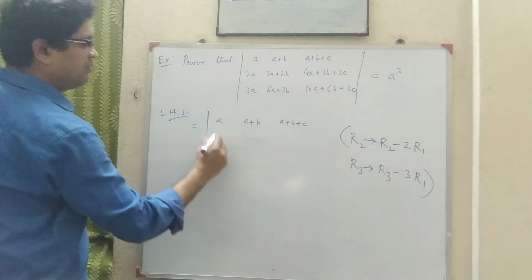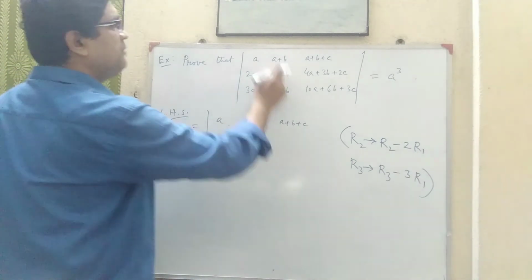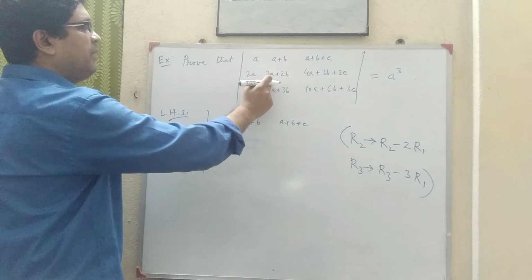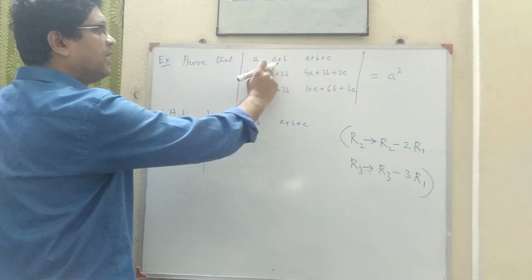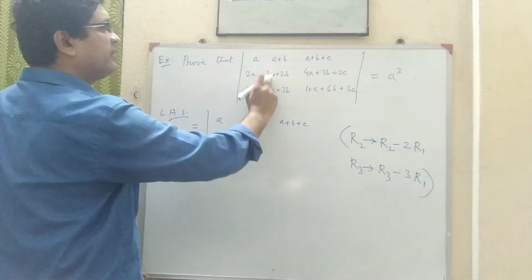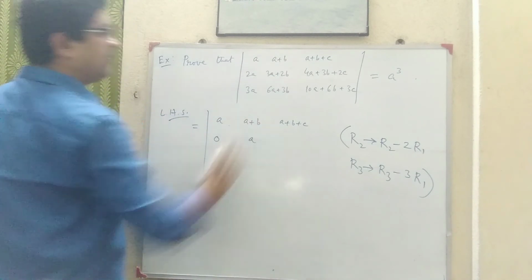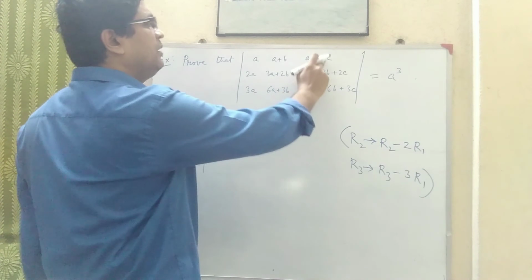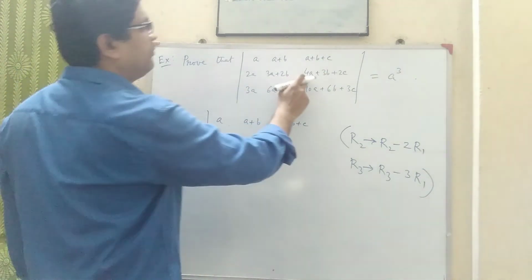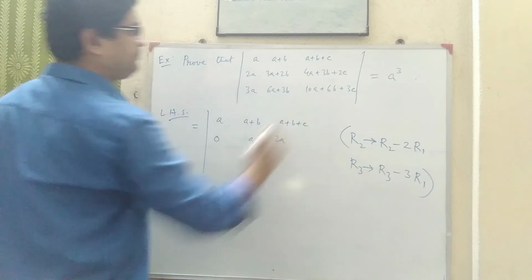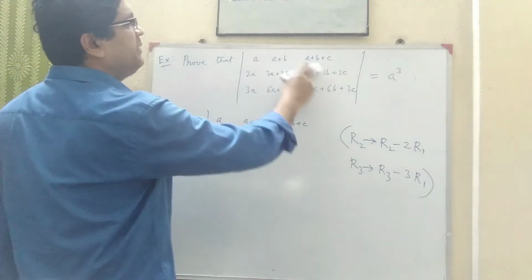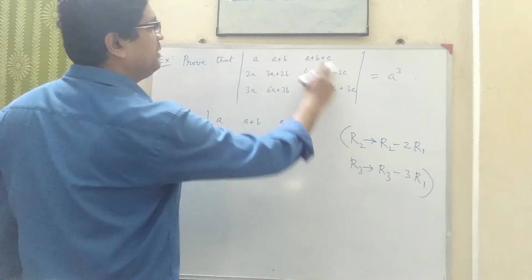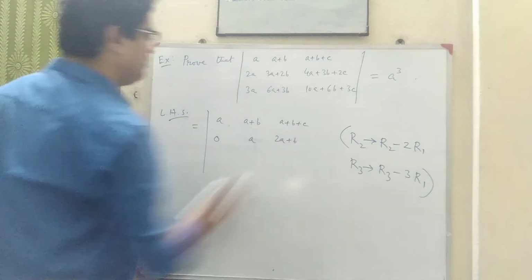So 2a minus 2 into a will be 0. 3a plus 2b minus 2a minus 2b: 2b will cancel, 3a minus 2a becomes a. Now 4a plus 3b plus 2c minus 2a minus 2b minus 2c: 4a minus 2a becomes 2a, 3b minus 2b becomes b, and 2c minus 2c becomes 0, so you don't have to write.